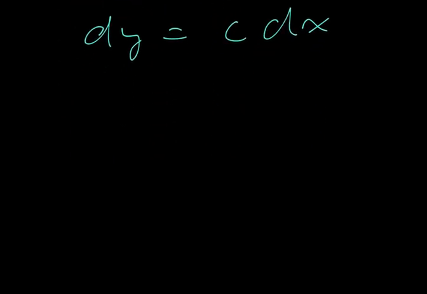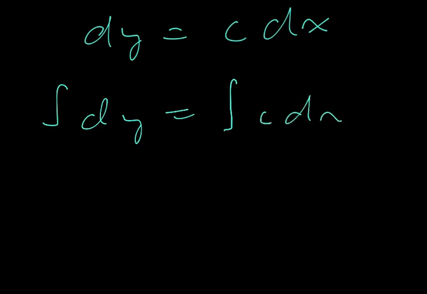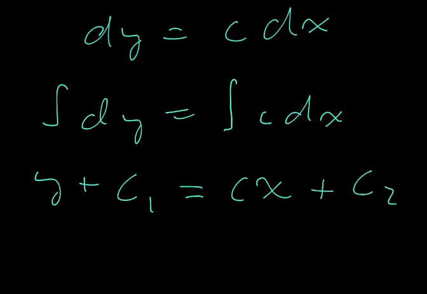Now to solve this for an equation for y, what we can do is just integrate both sides. So we'll get the integral of dy is equal to the integral of c dx. And that's going to give us y plus our integration constant, and we'll call this one c1, is equal to cx plus c2 for our other integration constant.